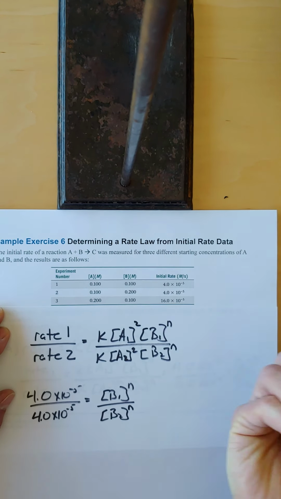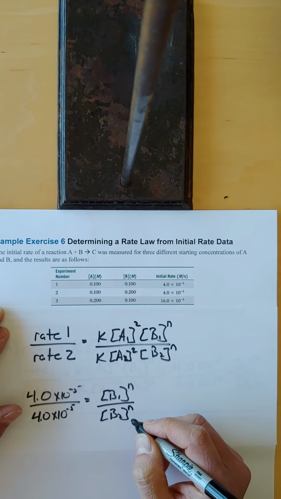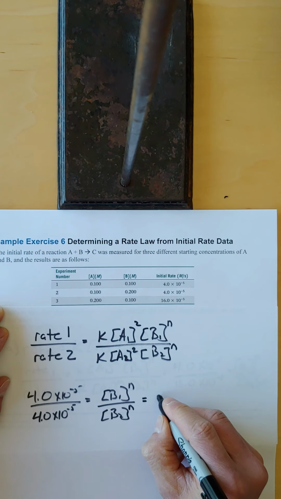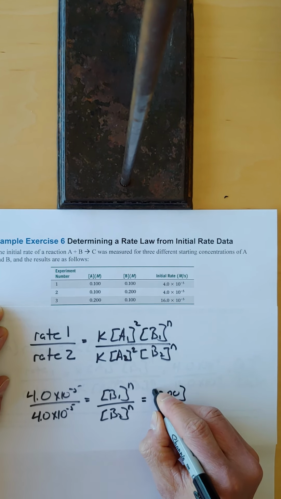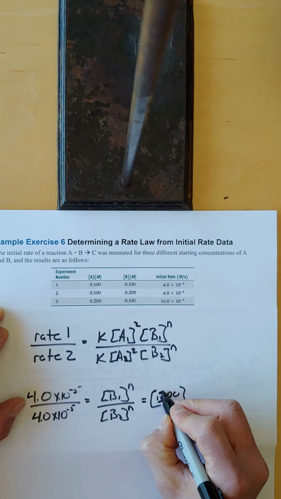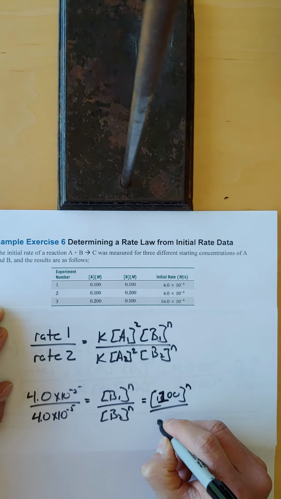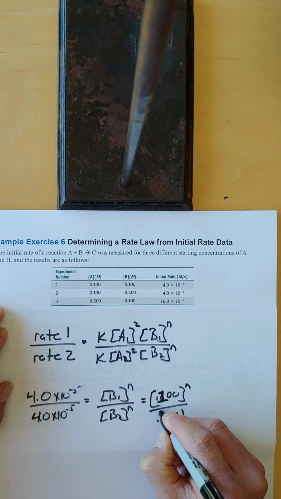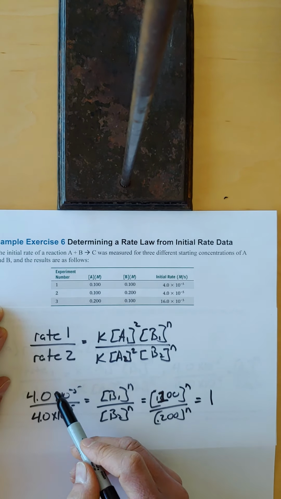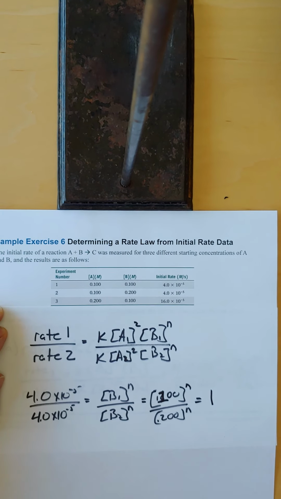And so if we plug in the values for B, my B1 was 0.1 and B2 was 0.2, so 0.1 to the n over 0.2 to the n, and that's going to equal 1, because 4 times 10 to the negative 5th divided by 4 times 10 to the negative 5th equals 1.